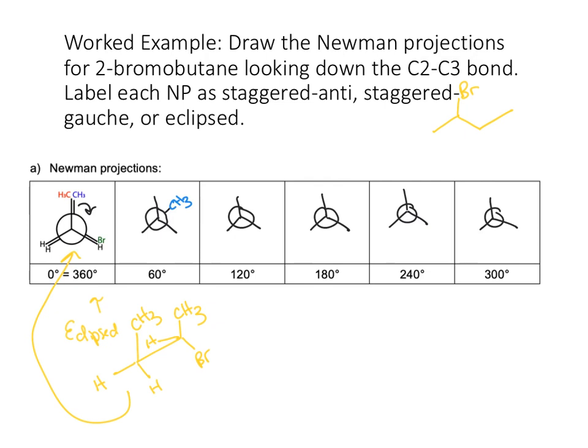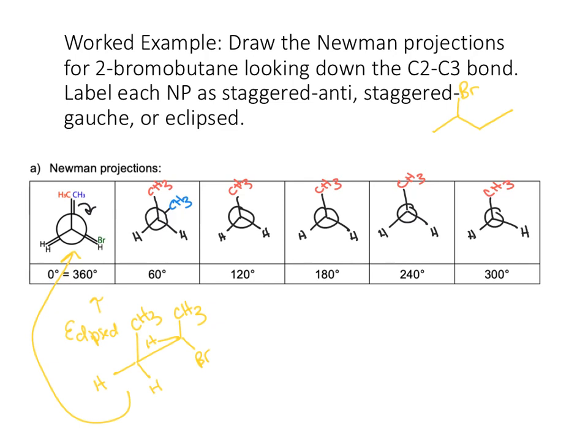The methyl in red, it's on the front carbon, so it's just going to stay put in all of these. So I'm not moving the front carbon. And my hydrogens on the front carbon are also going to stay put, because I'm just rotating the back carbon.